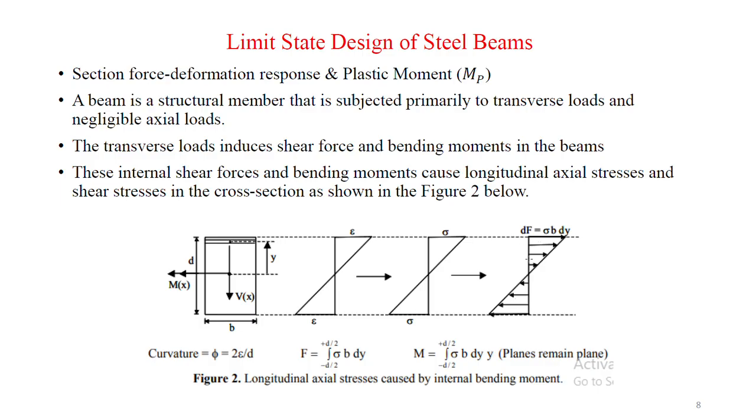Here we can see the force diagram and stress diagram for this particular material. The top portion will carry axial compressive forces and the bottom portion of the body will carry tensile forces. For beams, we use the curvature relationship: phi is equal to 2 epsilon by d, which is given by the equation for phi.